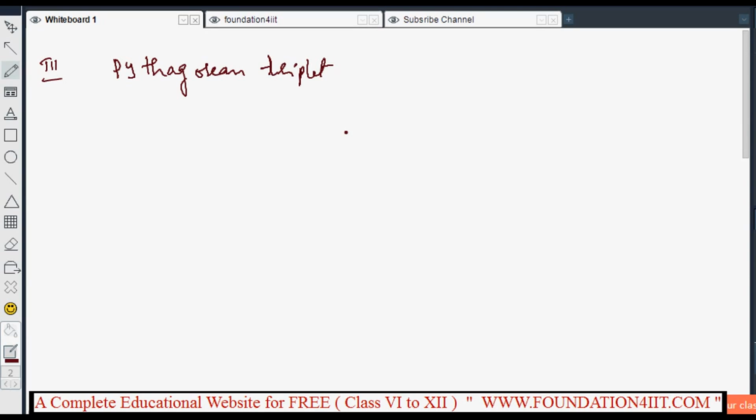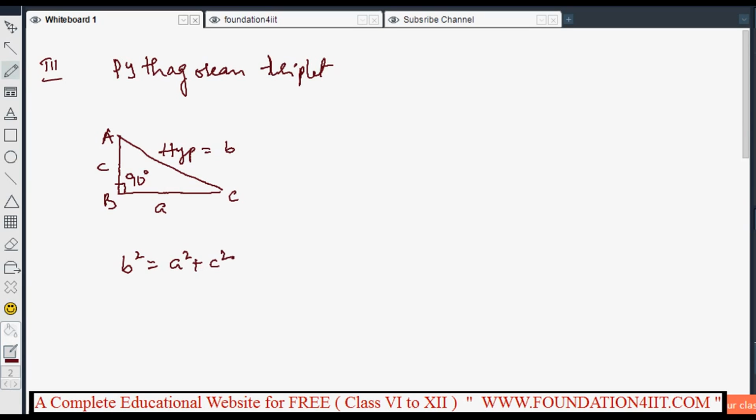He gave the Pythagoras theorem. The Pythagoras theorem says that in any right angle triangle, where one angle is 90 degrees, say triangle ABC, the longest side AC is the hypotenuse. Taking the hypotenuse as small b, and the other two sides as small c and small a, we can write b square is equal to a square plus c square.